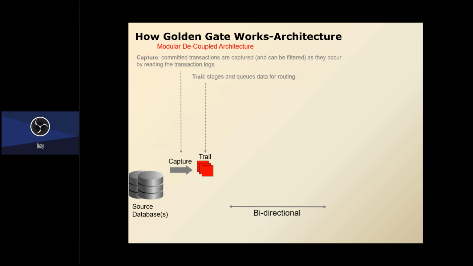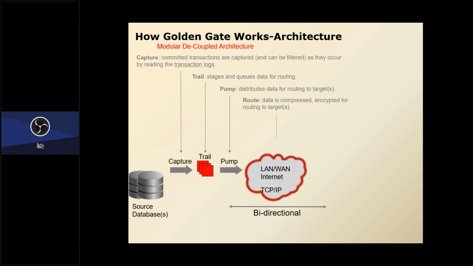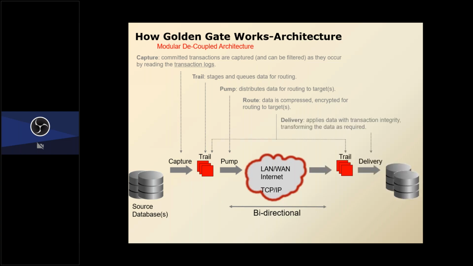Once the transactions are captured, it writes them to the local trail file on the local machine. Once the data is available in the local trail, the data pump process reads the data out of the local trail, sends it over the TCP/IP network, and writes it to the remote trail on the target machine. Once the data is available in the remote trail, the Goldengate delivery process applies it to the target database.